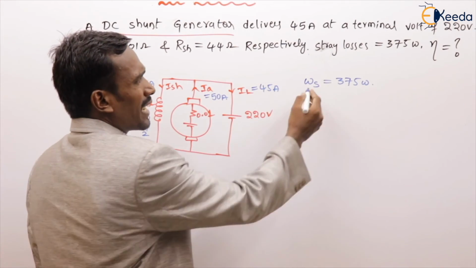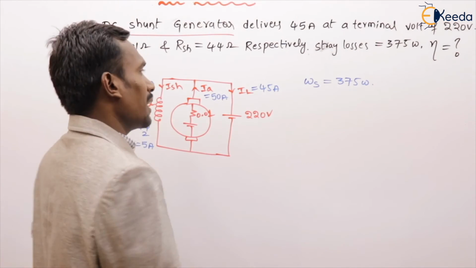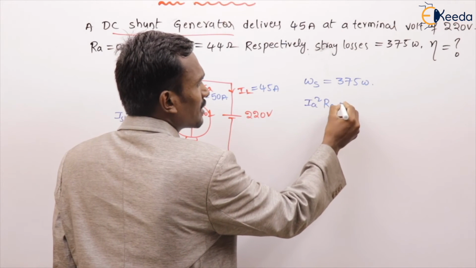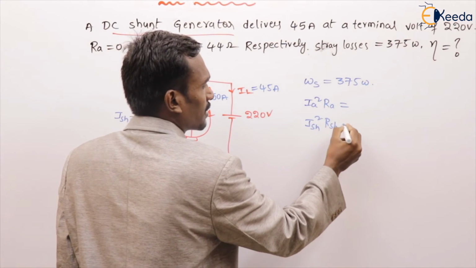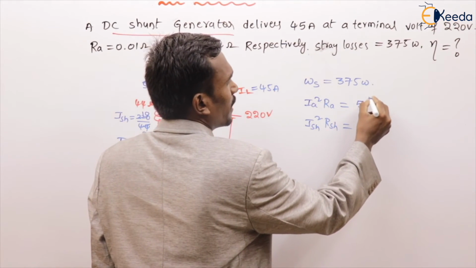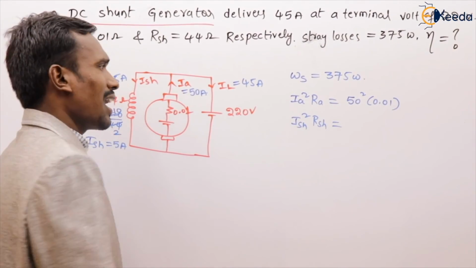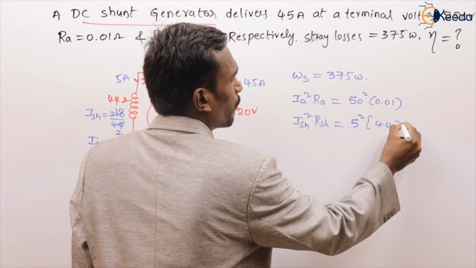Now, the stray losses are given, but the copper losses we have to find out. What are the copper losses? IA square RA losses and ISH square RSH losses. IA square RA is 50 square into 0.01, and ISH square RSH is 5 square into 44.